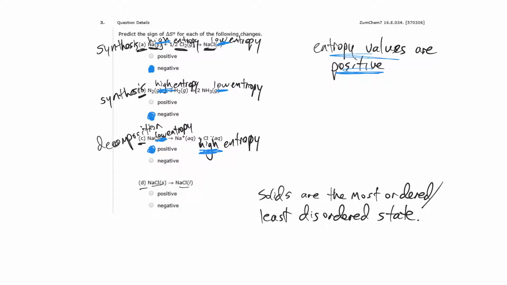So when we consider this one, we've got a low entropy value for the solid state and a relatively higher entropy value for the liquid state. And remembering once again that entropy values are positive, you have a big positive number minus a smaller positive number. That gives you a positive result. So the answers go negative, negative, positive, positive.